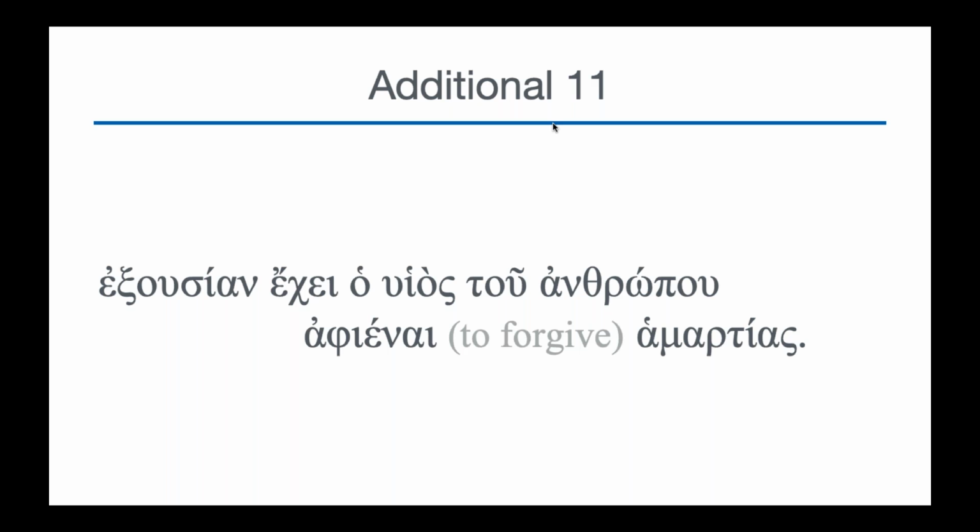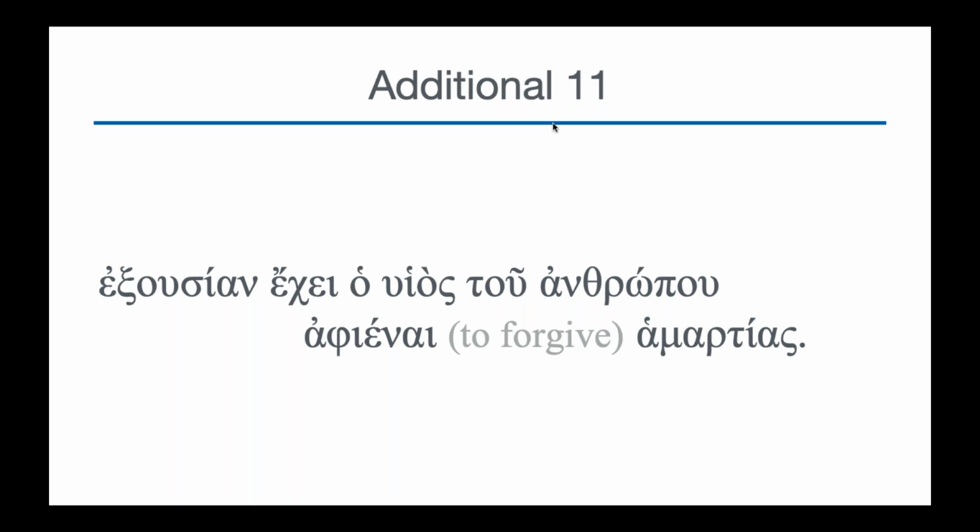Even if you don't know the word, can you tell me what case the first word is in? It's accusative singular. So that's going to be a direct object. So we're not at our subject yet. What's our subject? Son. Huios. Ho huios tou anthropou. So it's the son of man. So the son of man has authority.